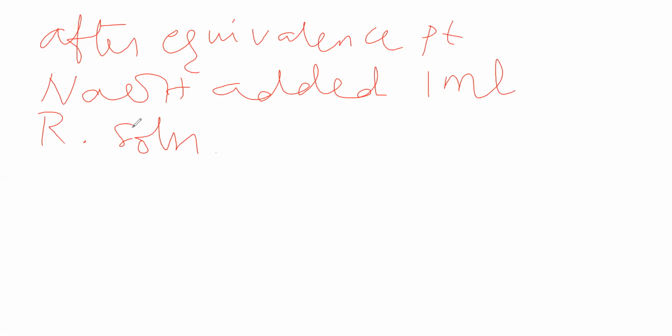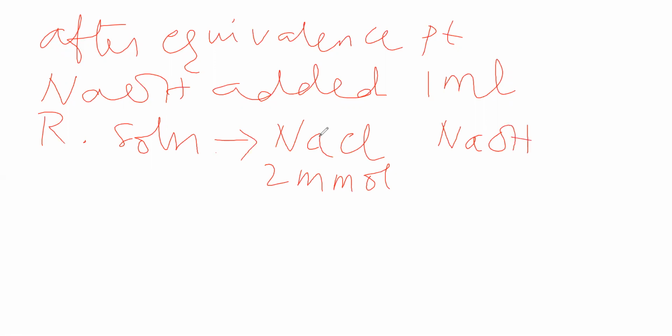In the resultant solution, sodium chloride is present, 2 millimoles, and NaOH is also present. Why? Because the added NaOH is not going for reaction, since there is no more HCl.